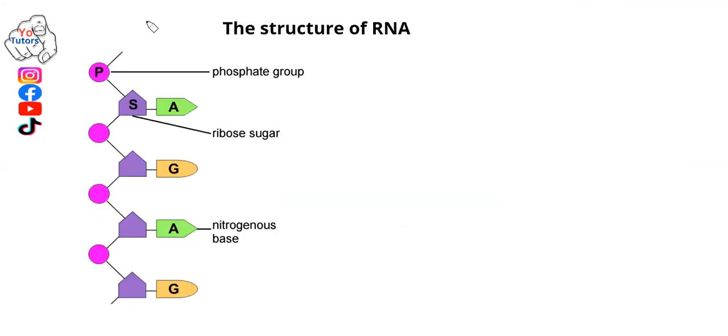Now, let's move on to the structure of RNA. As you can see, it is different from the DNA, where you see two strands connected together. In this case, we are saying RNA is single-stranded.